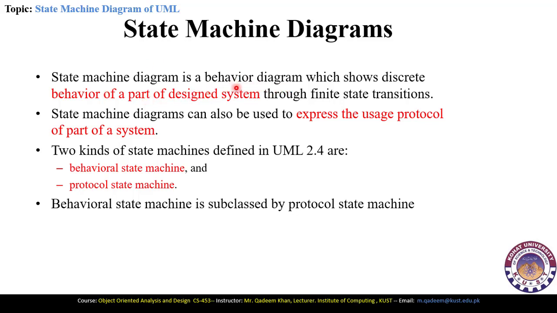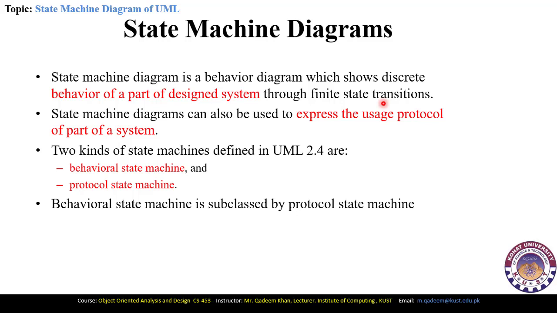The behavior diagram, as its name indicates, represents the functionalities of the system, and it represents the discrete behavior of the designated system through finite state transitions. So in the state machine diagram, we have a set of states, and those states represent different transitions of the system when that system is implemented.